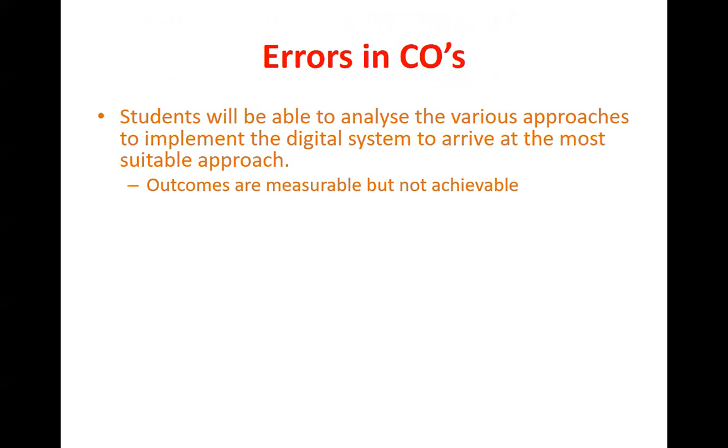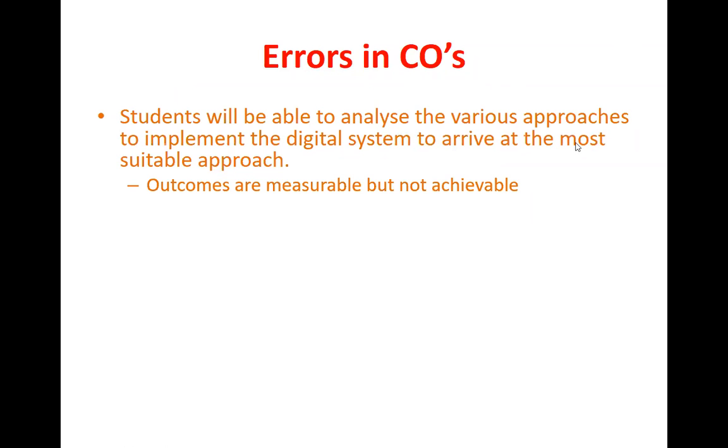So there's a problem with this. Students will be able to analyze the various approaches to implement the digital system to arrive at the most suitable approach. So here you can measure the outcomes, but these are not achievable. So why is it not achievable?